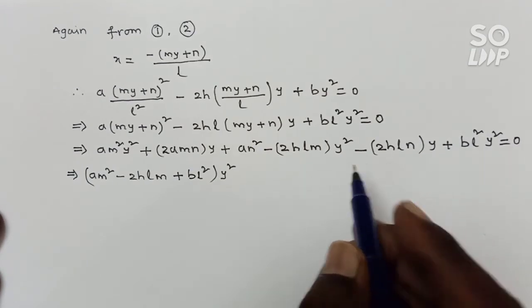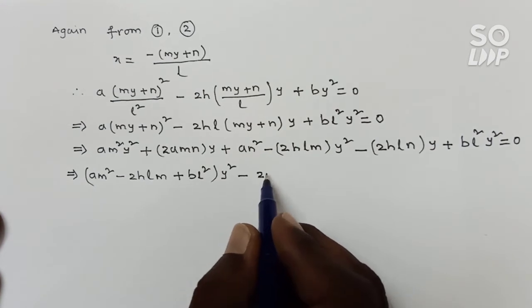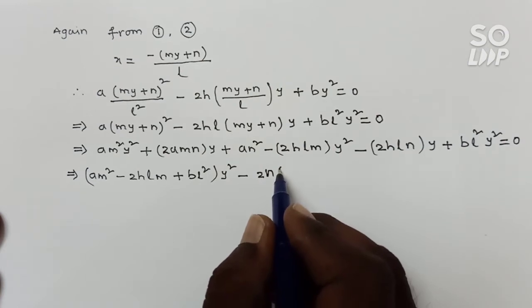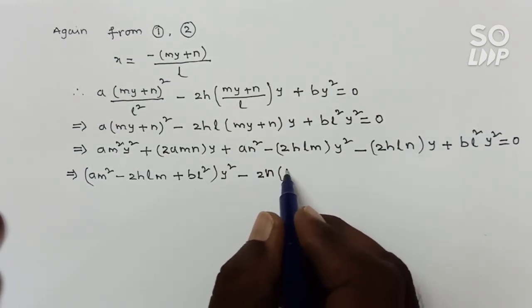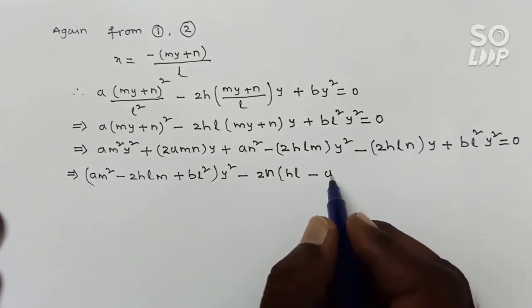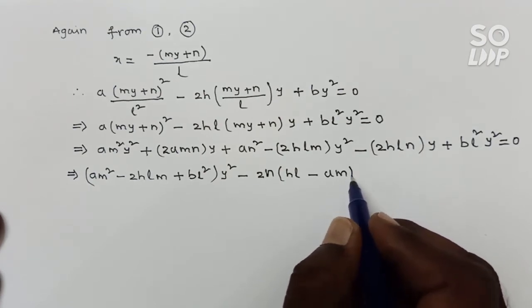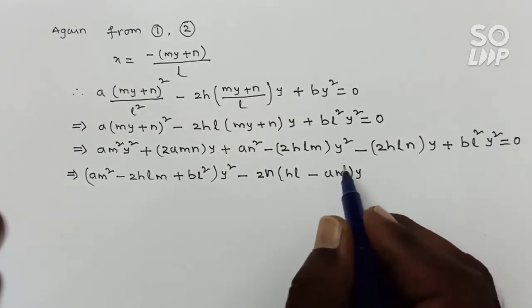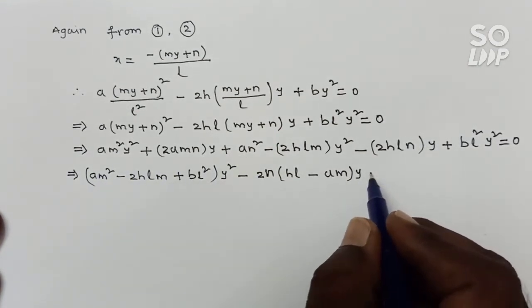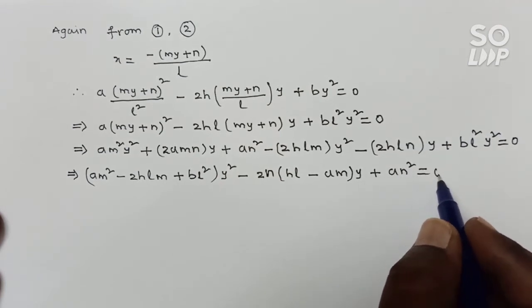Here you take minus 2n as the common, minus 2n into (hl minus am) into y, and next the constant is plus a into n square is equal to 0.